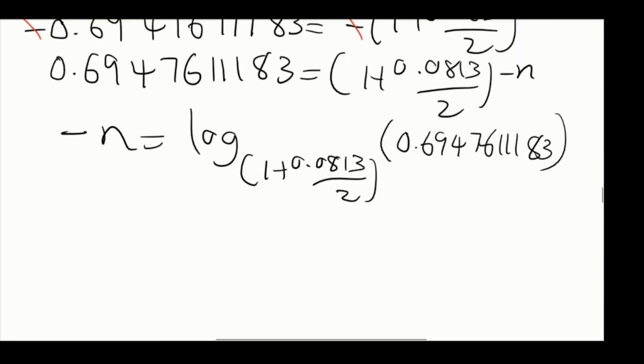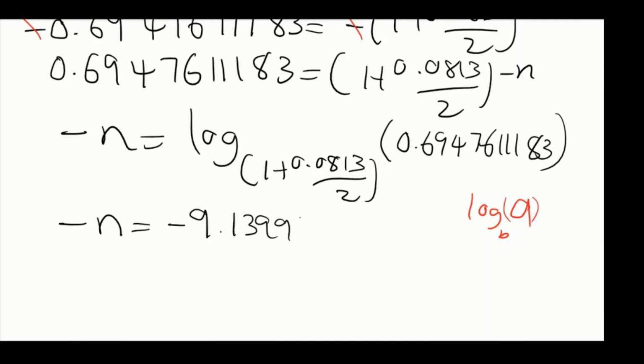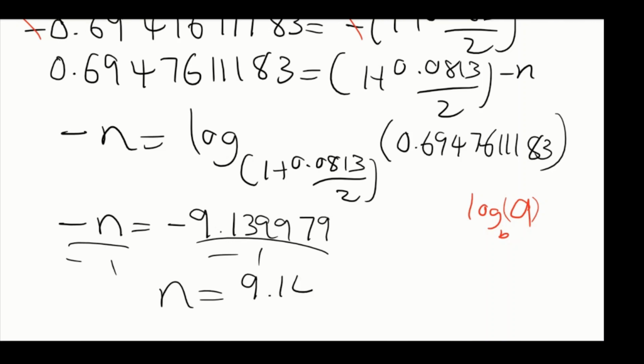If you remember your logs, it's the log of the base, with this value inside the bracket form. So our solution of n is equal to minus 9.139979. Then you divide by -1, divide by -1. So n is equal to 9.14.